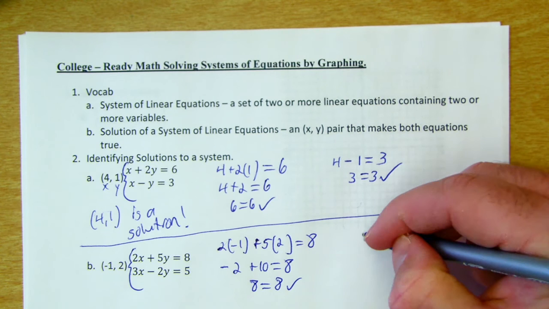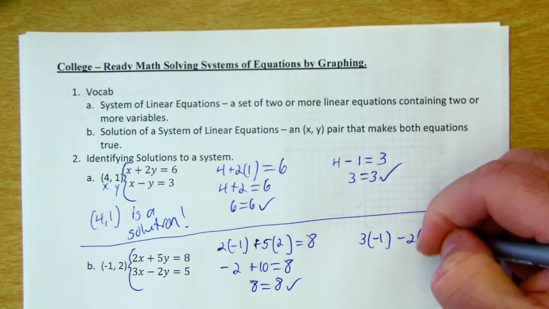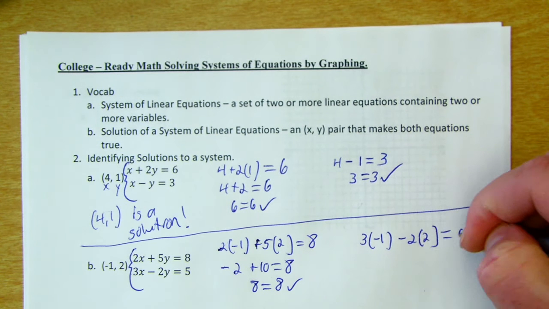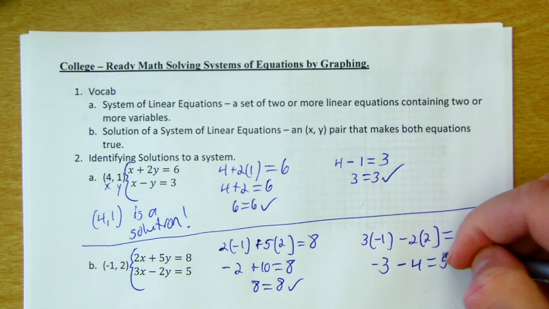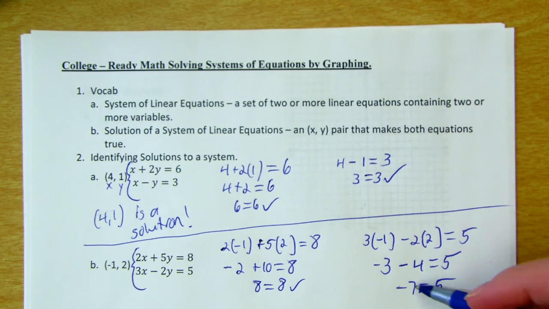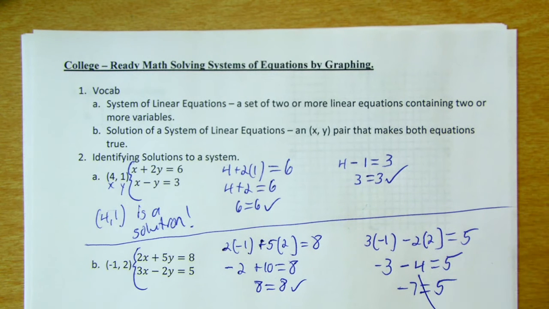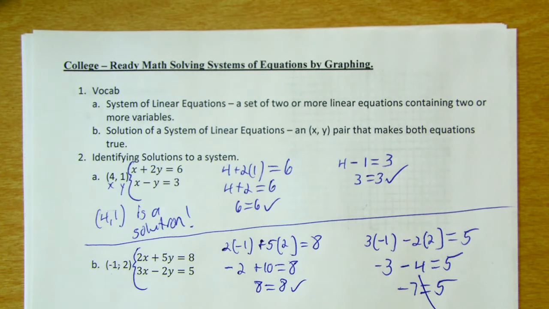My second equation, 3 times -1 minus 2 times 2. All right, so we get -3 minus 4 is -7. So I end up with -7 equals 5, which is no good. Okay, so this point, (-1, 2), has to work in both.